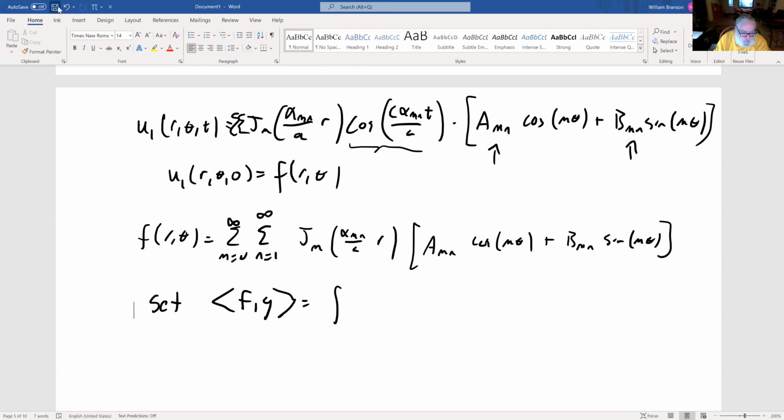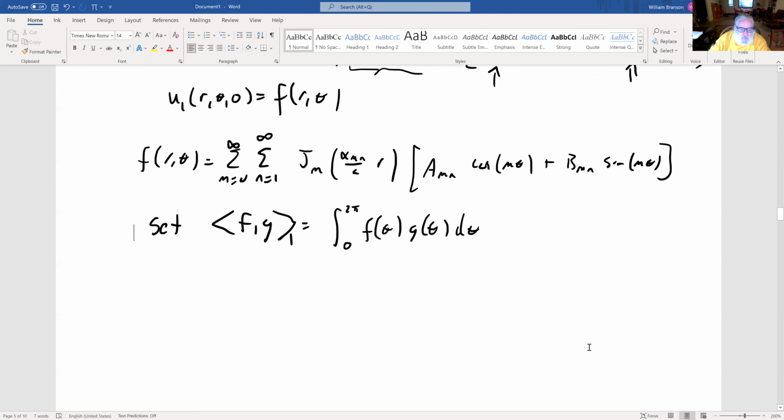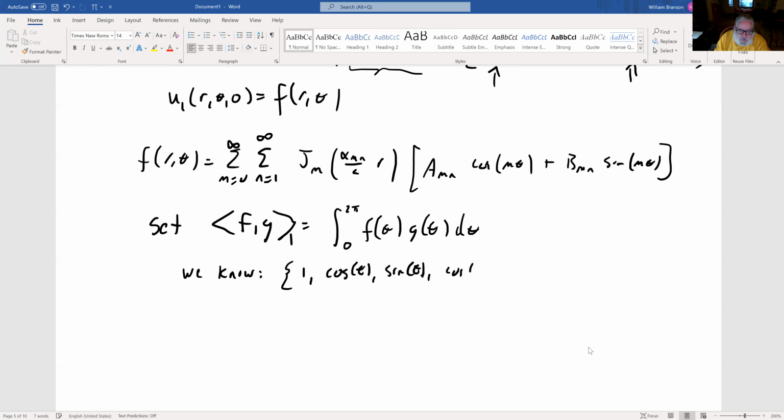And this will be product 1. We're thinking this is an inner product involving the theta terms. So the first inner product is just this, and we know that the set of functions 1, cosine theta, sine theta, cosine 2 theta, sine 2 theta, dot, dot, dot, right?